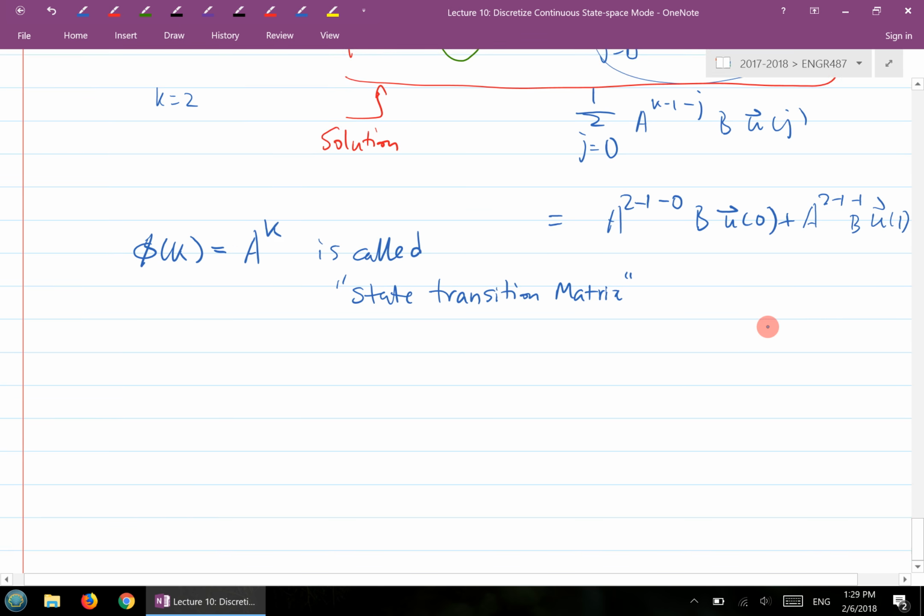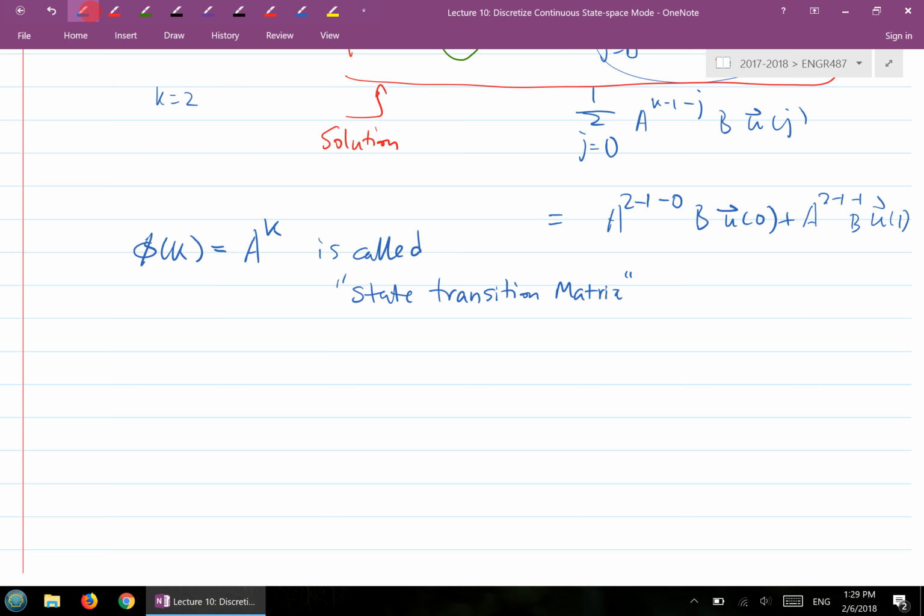So then the natural question here basically is, how to calculate this A to the power of k, which is a state transition matrix. And then you might think, well, that's easy, let's just keep doing matrix multiplication.